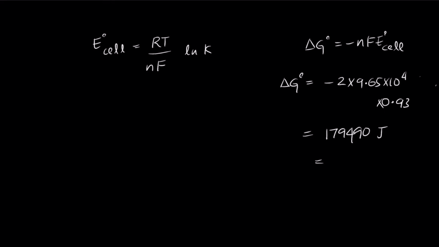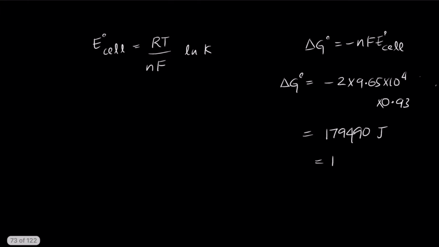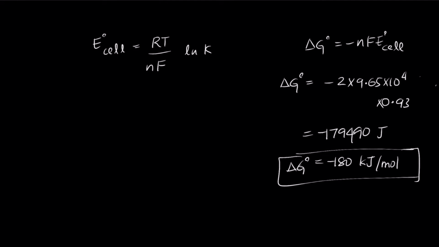When converted into scientific form, this gives you around 180 kilojoule per mole. So delta G is negative 180 kilojoule per mole.